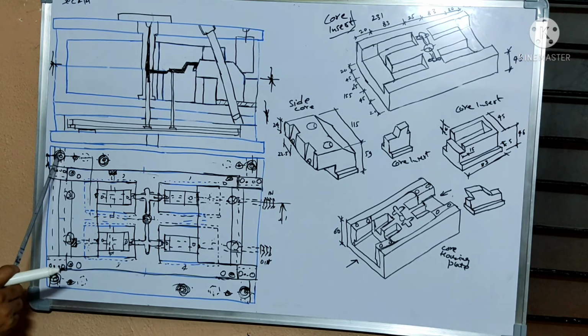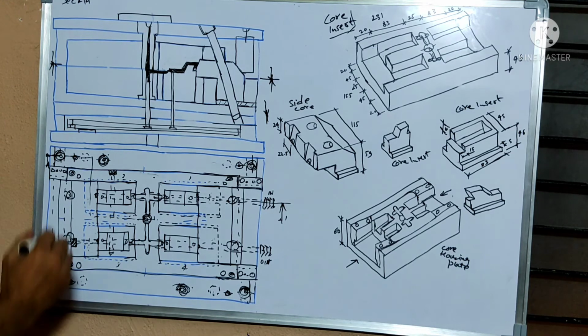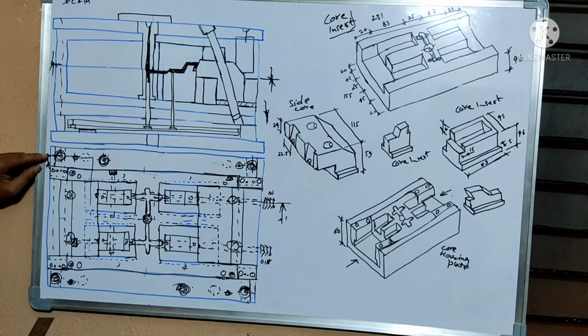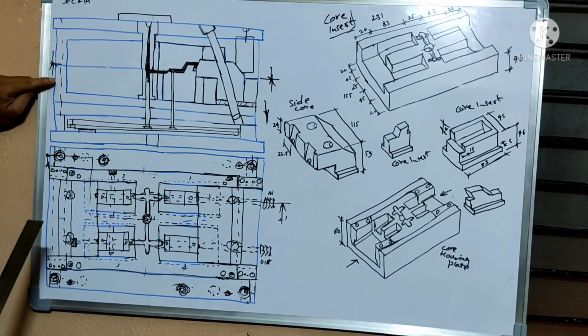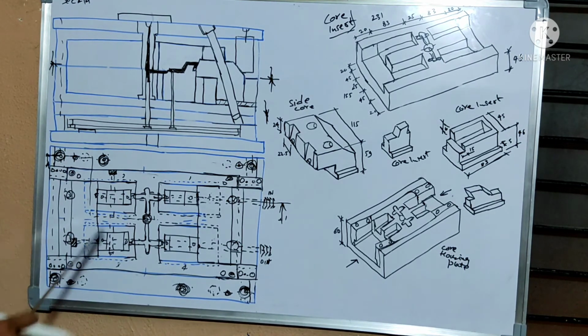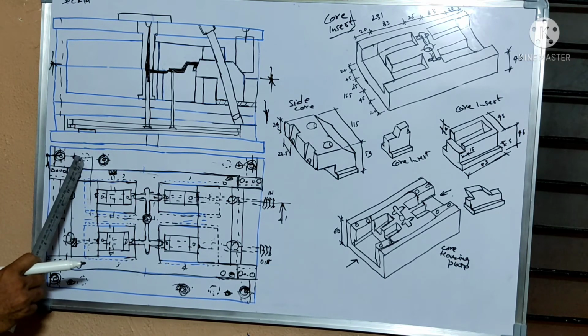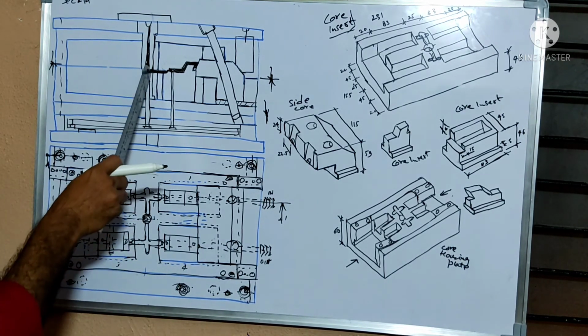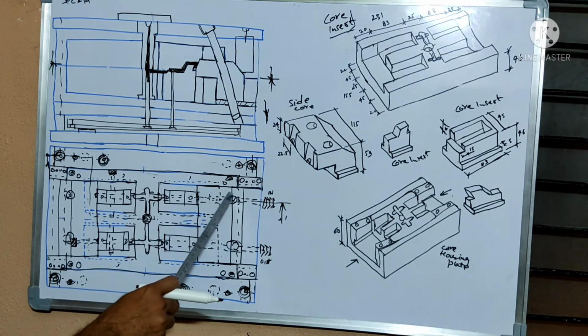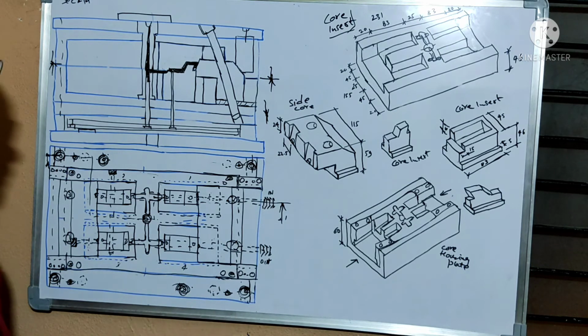Simultaneously, you have to project the line from the top of the tool and draw what is in the section line. Here you have to draw the guide pillar, guide bush, and here you have to draw the ejector, fastener, feed button, and then the screw puller, and then core and cavity details in the assembly, and you have to provide the cooling circuit in the front view of the tool.